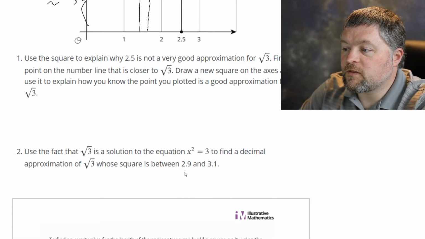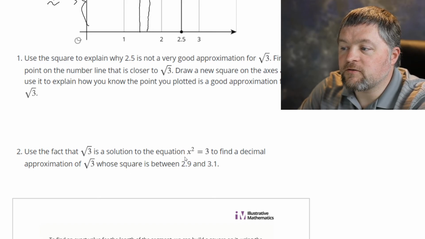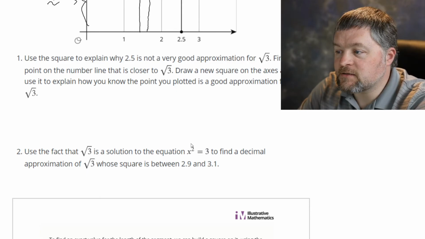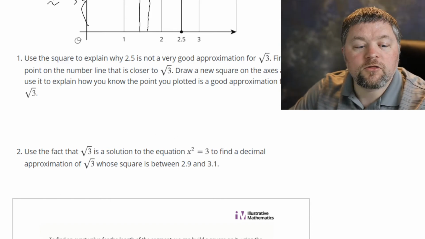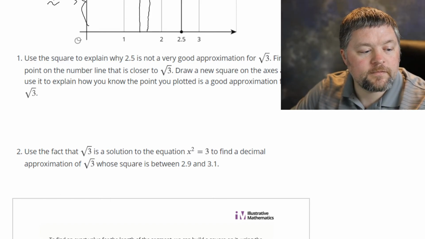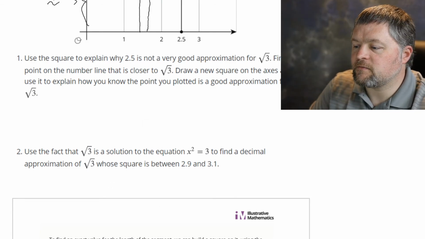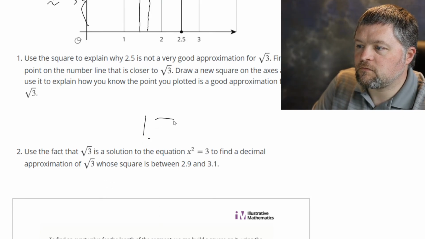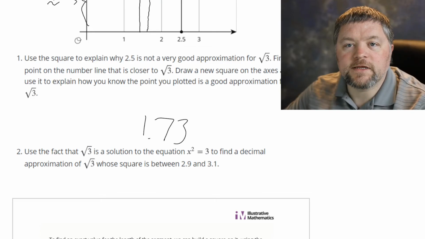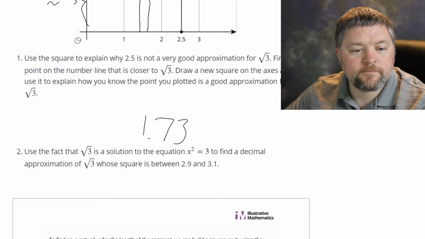So for this, you need to find a value that you can plug into x, that if you multiply it by itself, you will get 3. Now, when you do that, you should be getting approximately 1.73.